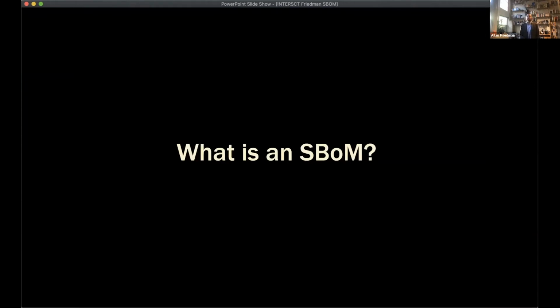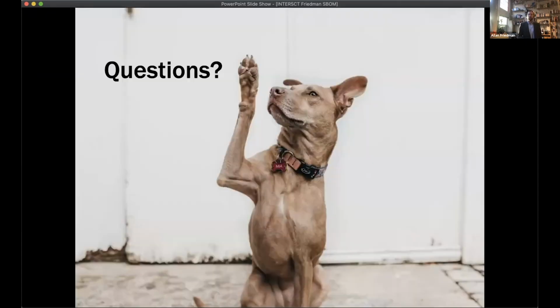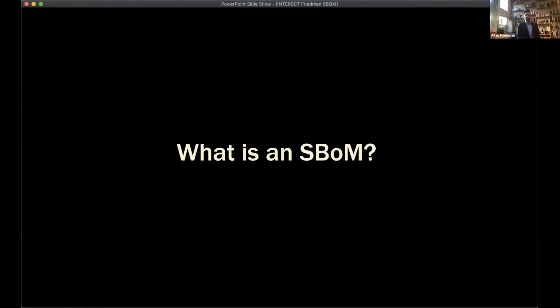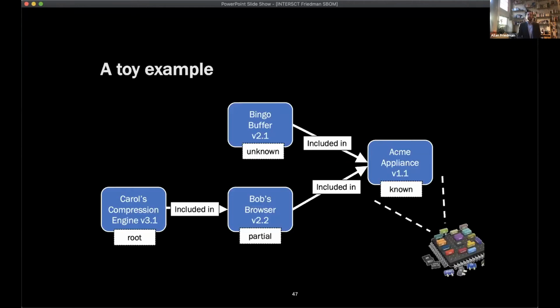So, Allan, you've been talking about SBOM for a while, and you gave a definition, but I'd like to see what's the focus of what we're actually talking about. So, I'm going to walk through some slides now that help us understand what an SBOM is. Here's a toy example. We have our Acme appliance.